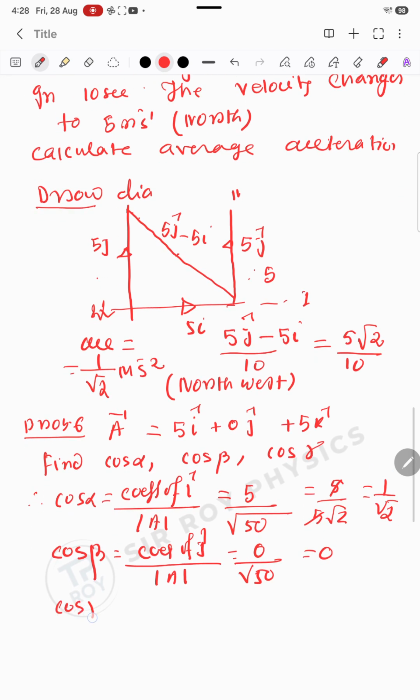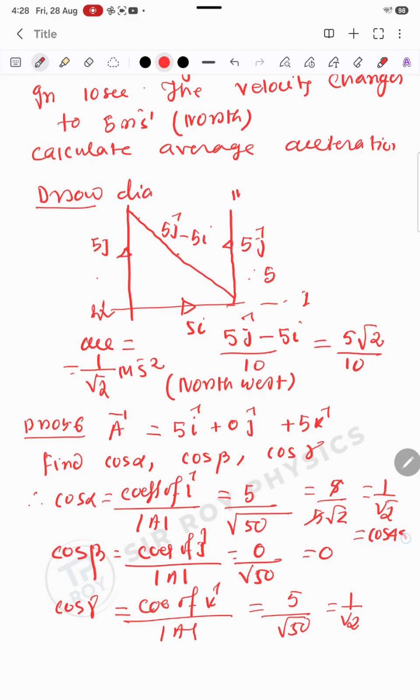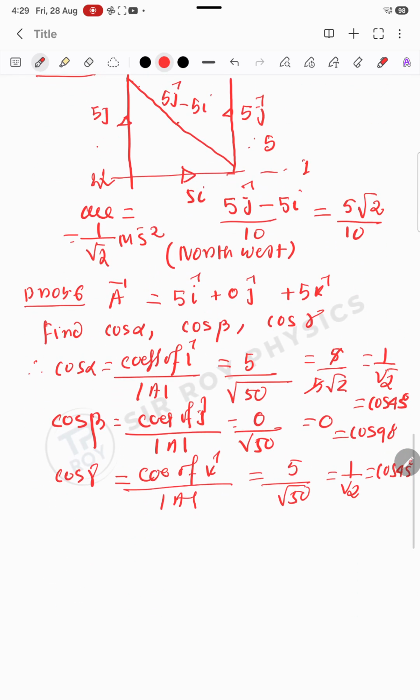Cos gamma, similarly coefficient of k by mod A, that is 5 by root 50, it is also 1 by root 2. That is cos 45, cos 90, cos 45. The direction cosines you are getting.